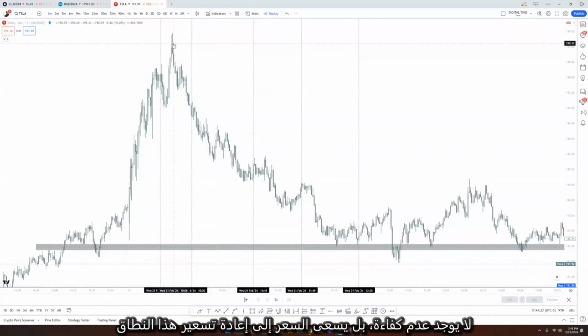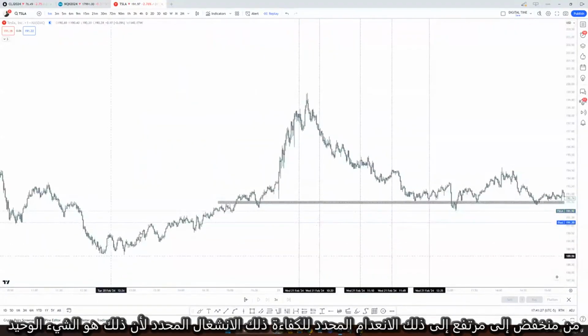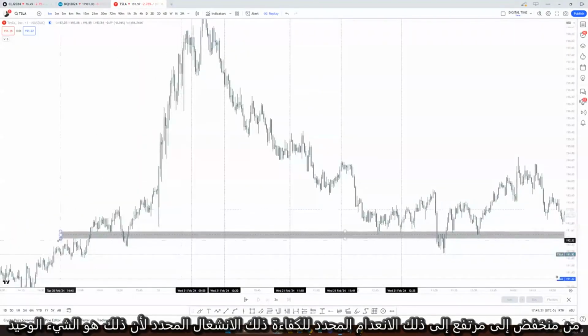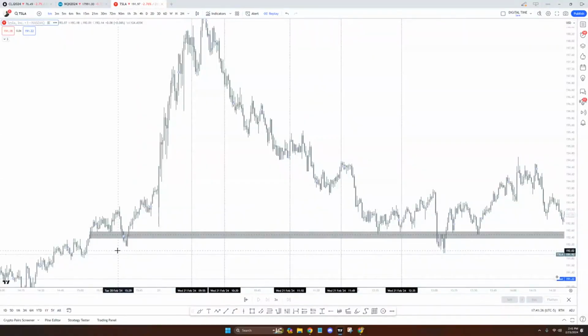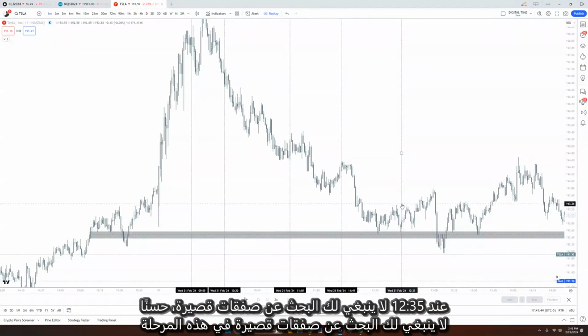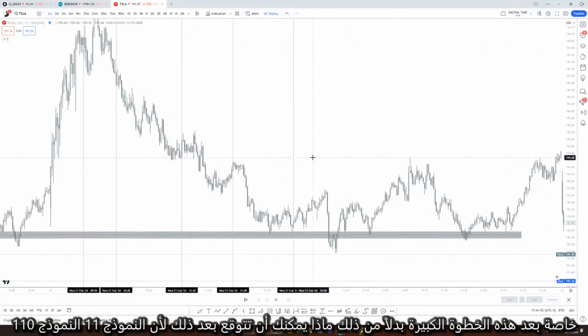Instead, price seeks to reprice off this range, the low to the high, to that specific inefficiency, that specific BISI, because that is the only inefficiency throughout the range. Once it taps into that and time and price meet at 12:35, you should not be looking for shorts. Okay? You should not be looking for shorts at that point, especially after this large move.